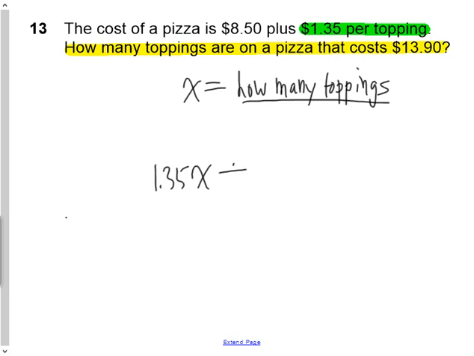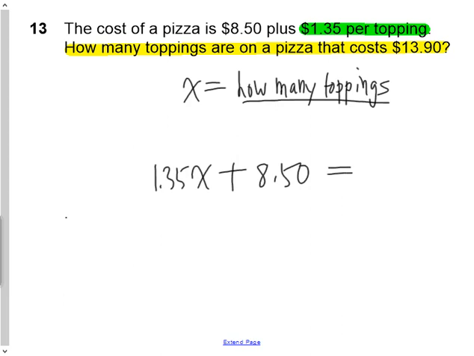And to that, you still have to buy the pizza, which is $8.50. So that's going to act as our constant, because regardless of how many toppings you buy, the cost of the pizza is going to be $8.50. So if you buy 0 toppings, your pizza is going to be $8.50. If you buy 1 topping, it's going to be $10.35, etc.